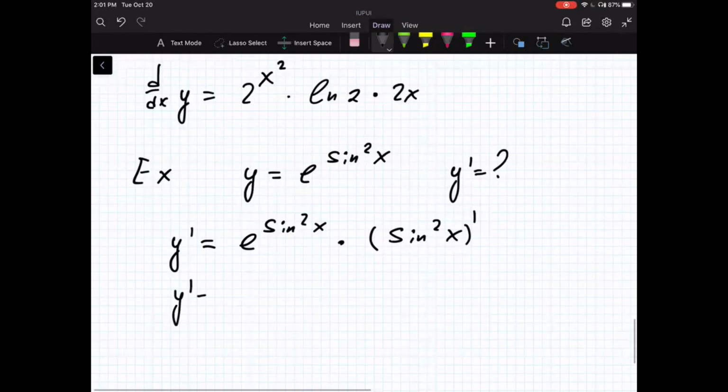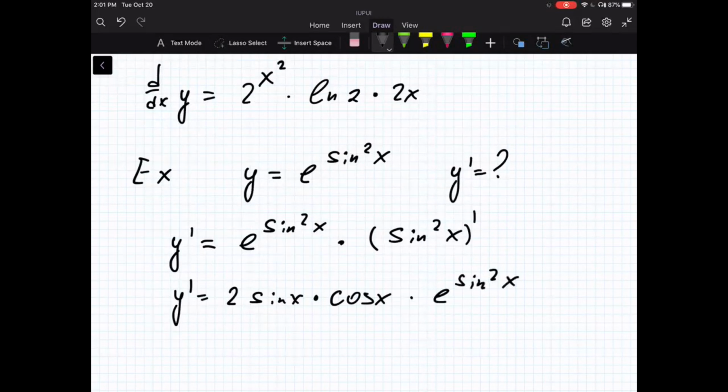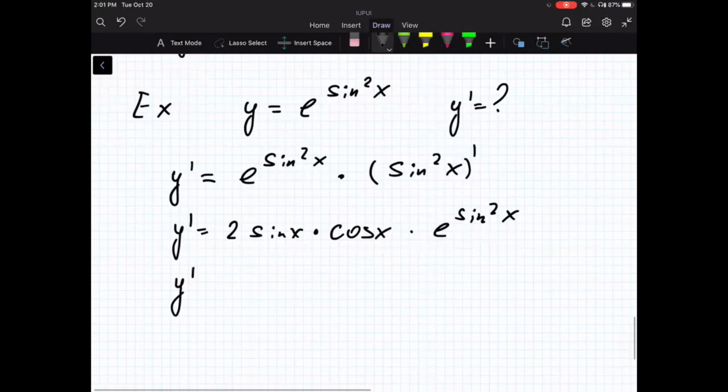And so that gives me the derivative of sine squared, using the chain rule or generalized power rule. That gives me 2 sine of x, and then the derivative of sine itself gives me cosine of x, times exponential of sine squared of x. And of course, you can use the trigonometric formula that 2 sine of x times cosine of x gives you sine of 2x.